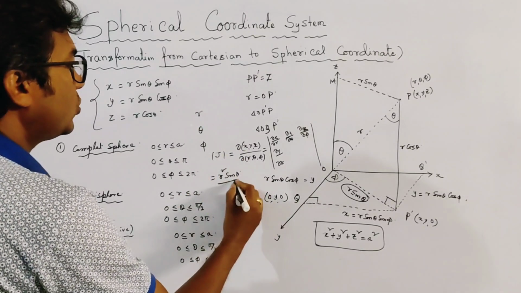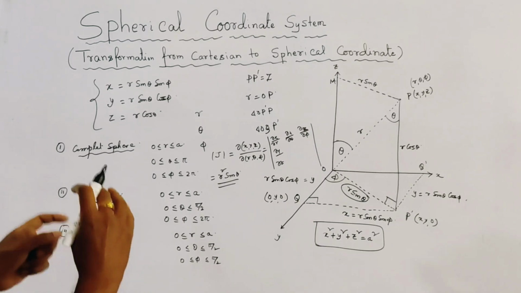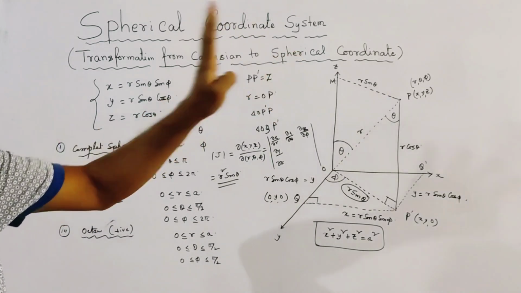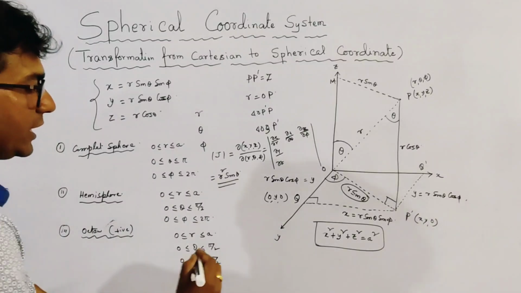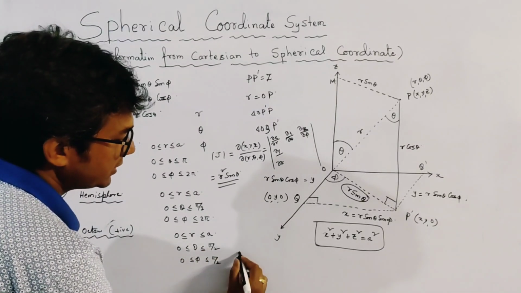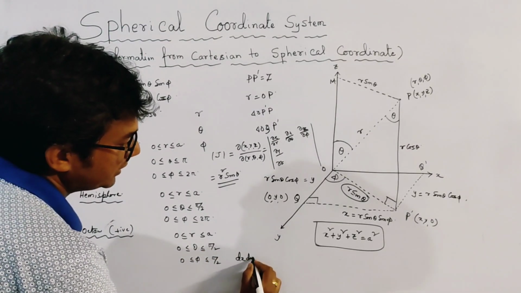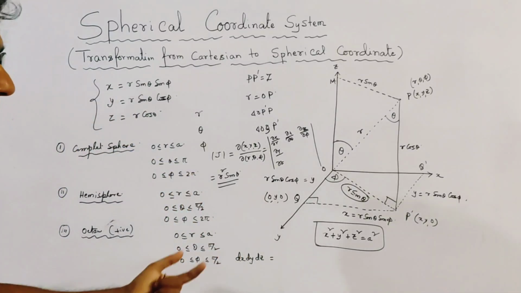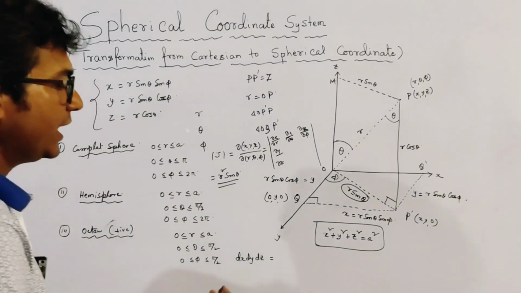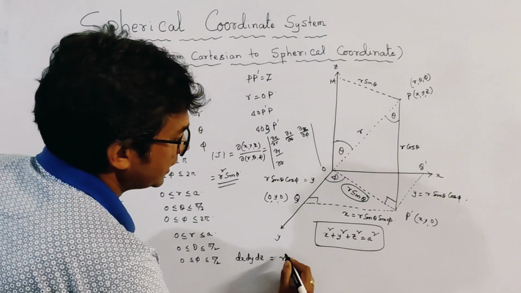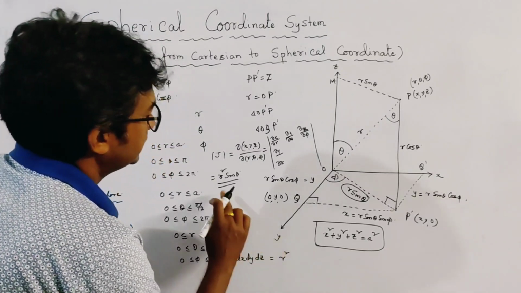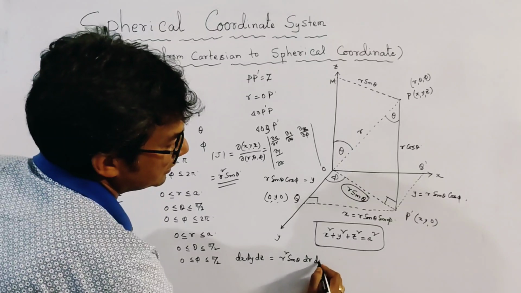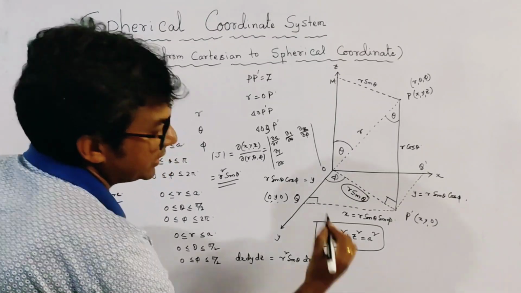So by transforming the coordinate system from Cartesian to spherical, we must write dx dy dz, which is the elementary volume in Cartesian coordinate system, as r square sin theta dr d theta d phi.